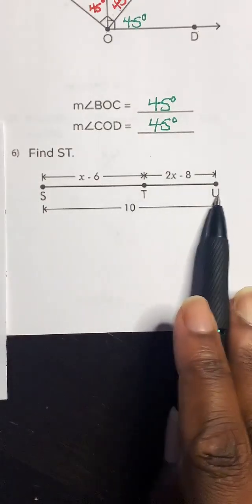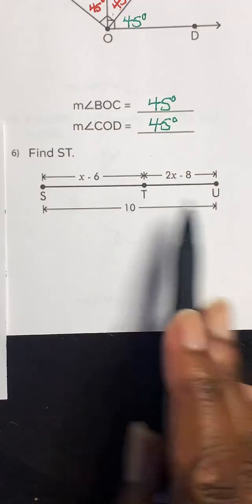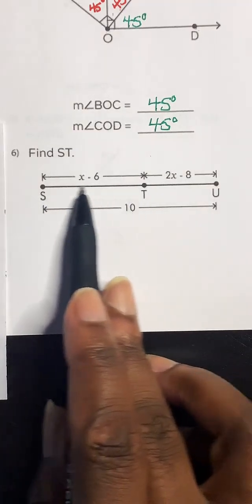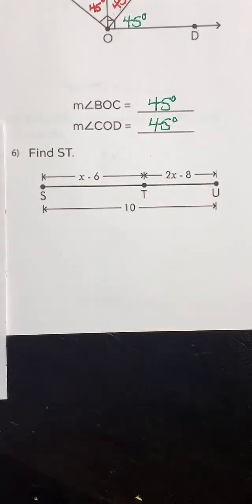And the whole thing of SU is 10. They want you to find the measurement of ST as an answer, as a number, not just as an expression. If you can hold your answers, I'll greatly appreciate that.